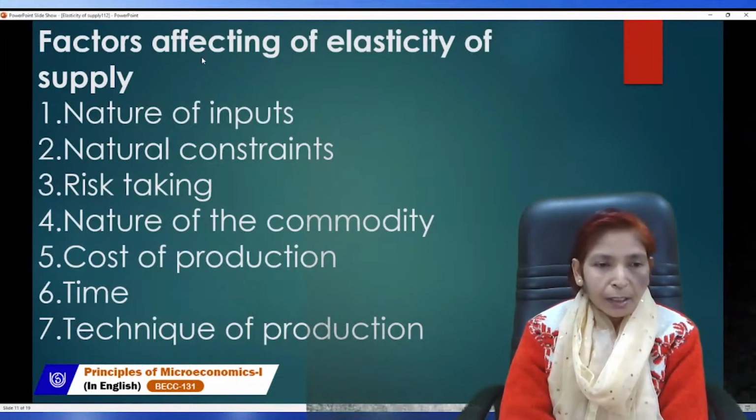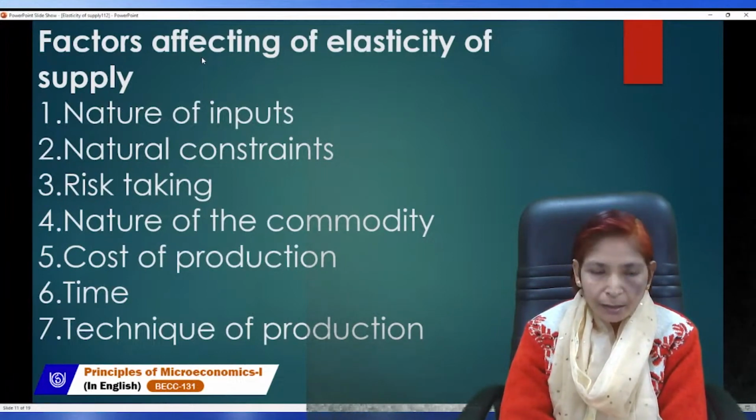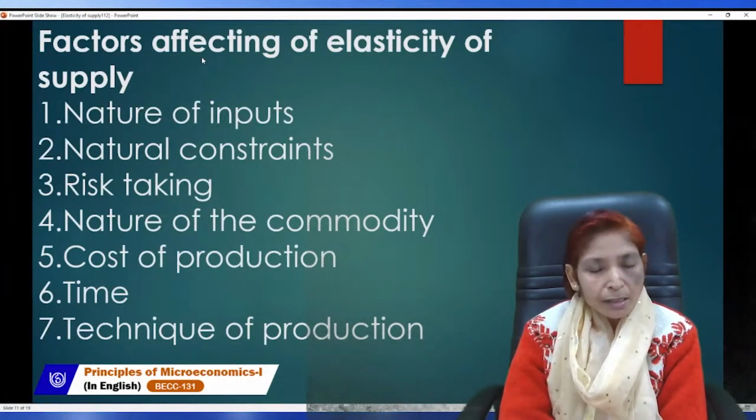If an entrepreneur is willing to take risk, he will produce more. The supply of goods and services will increase. In this case, elasticity of supply will be higher.